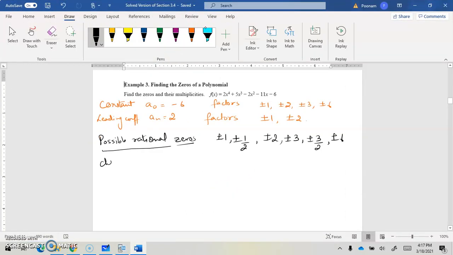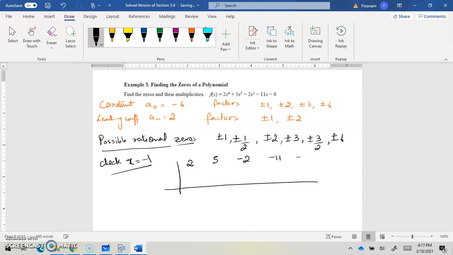How do you check? Is x equal to negative 1 a zero or not? You check using the synthetic method. Write the coefficients. Write negative 1 here. Add the column. It is coming to be 0.